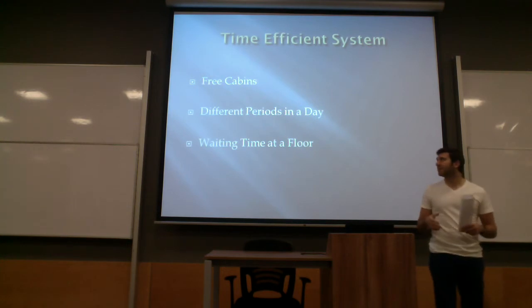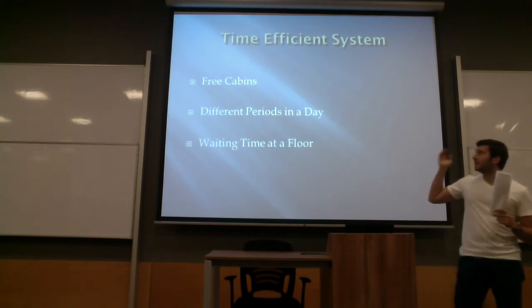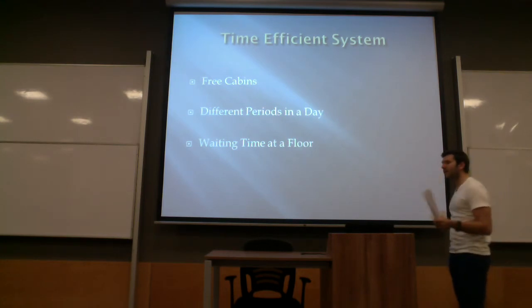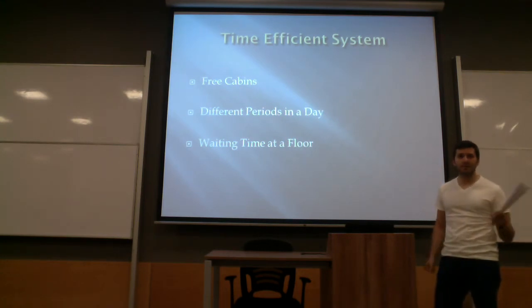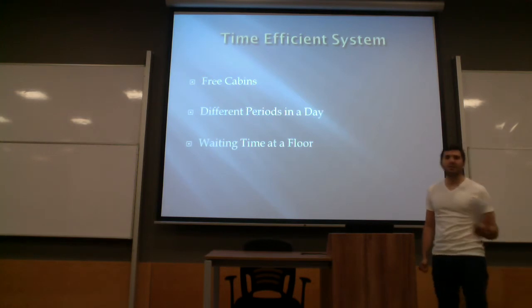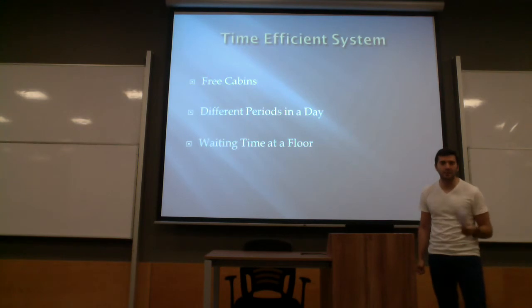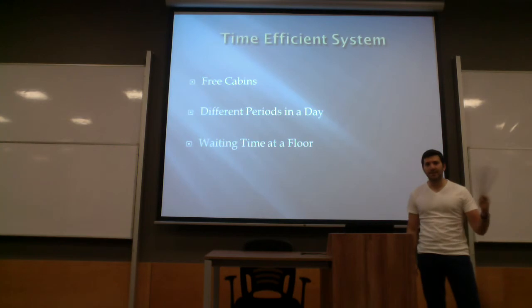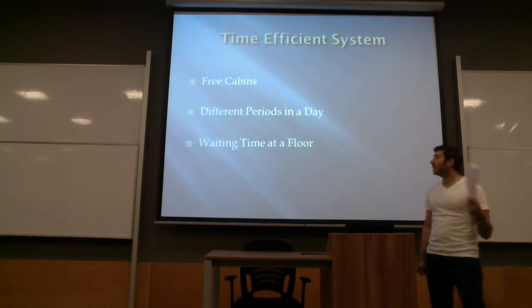When both cabins are free, one cabin will go automatically to the first floor and the other one will go automatically to the 4th floor. So, for example, when a person on the 5th floor calls the elevator, the one at the 4th floor goes up and it will be time efficient.